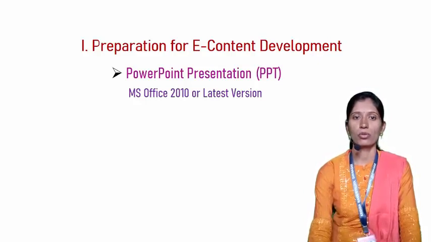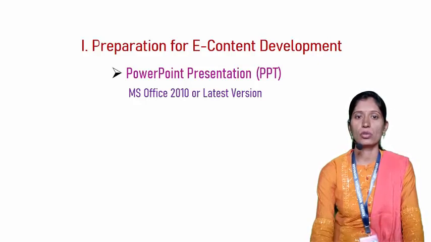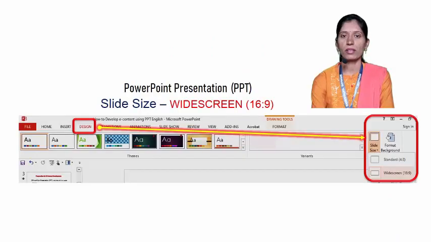I hope you know very well how to prepare a PowerPoint presentation, so I would like to just highlight some important points while preparing it. The first important thing is to use Microsoft Office PowerPoint 2010 or the latest version. MS Office 2007 has no option to create e-content. The second important thing is slide size.